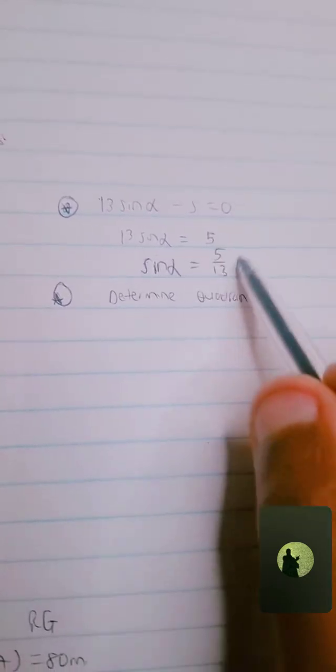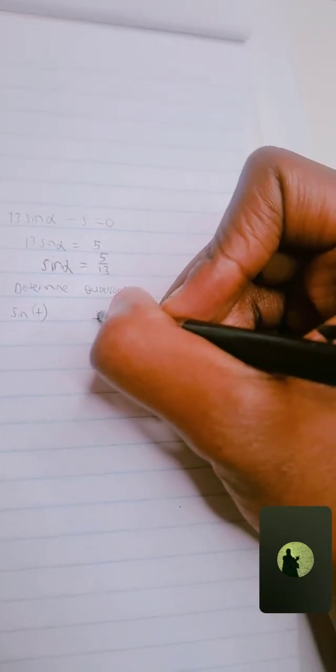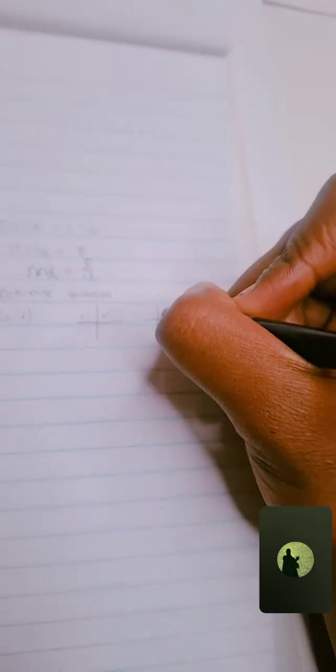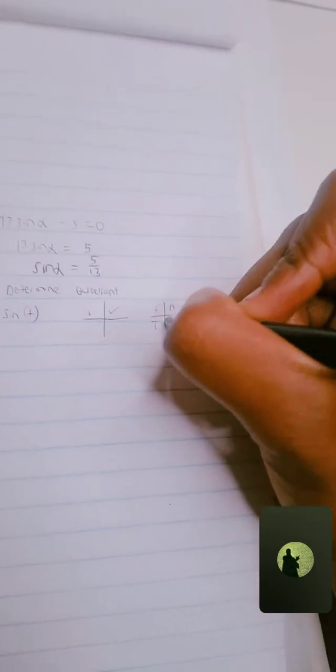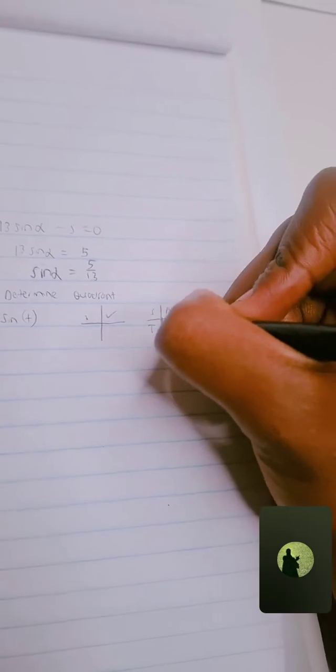Positive. So that means sine is positive. Then you ask yourself, where is sine positive? On the first quadrant and on the third one, I think. Wait, yeah, on the first one and the second one. First and second, guys, please.